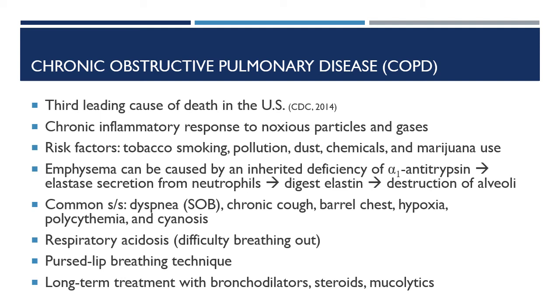In fact, smokers in general, even if they don't have COPD, tend to have higher hemoglobin levels because, again, the body is detecting that there's lower levels of oxygen in the bloodstream. There's actually higher levels of carbon monoxide from the smoke, and it produces erythropoietin, resulting in polycythemia.